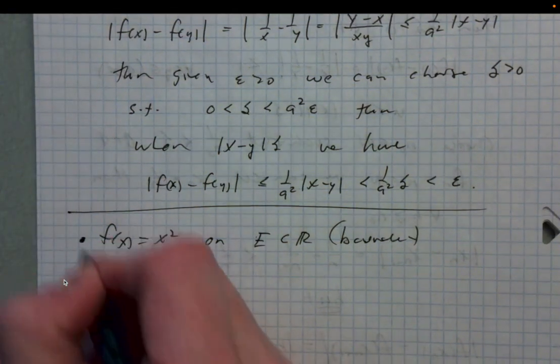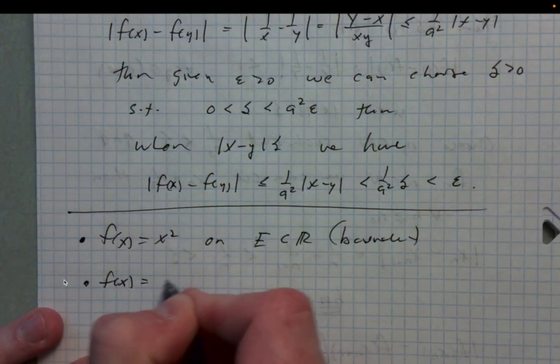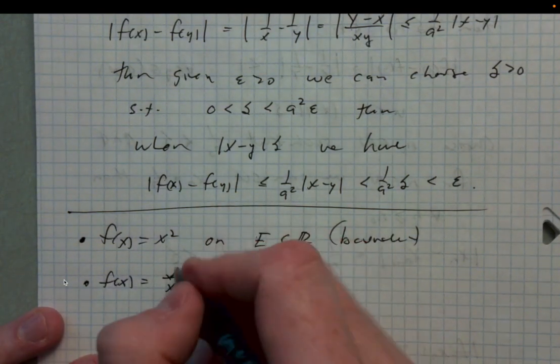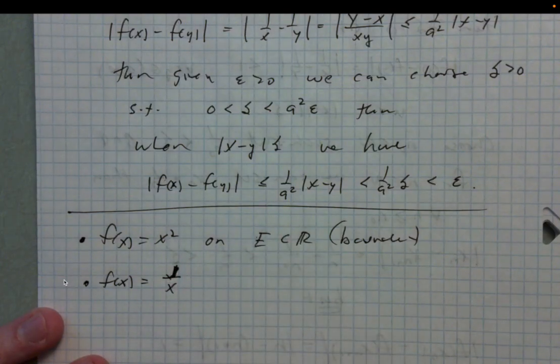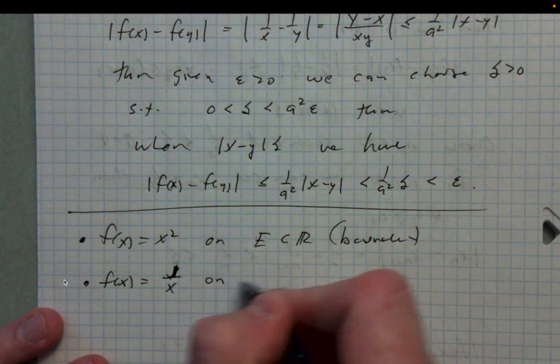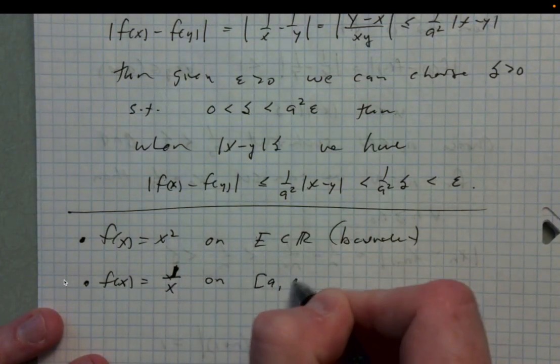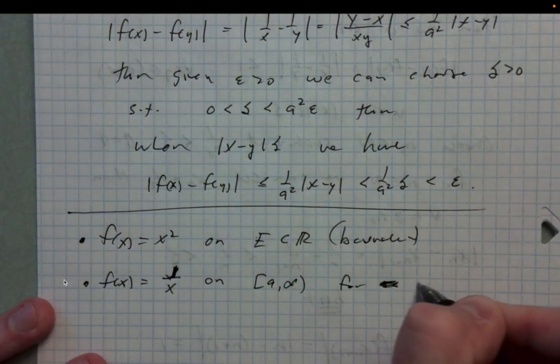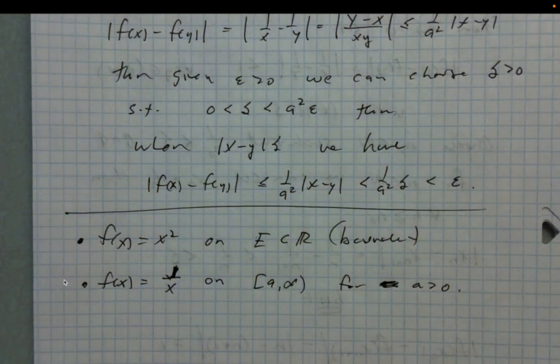And then the one we just saw is that f of x equals 1 over x on the interval a to infinity for a greater than 0. We saw that that also is an example of a uniformly continuous function.